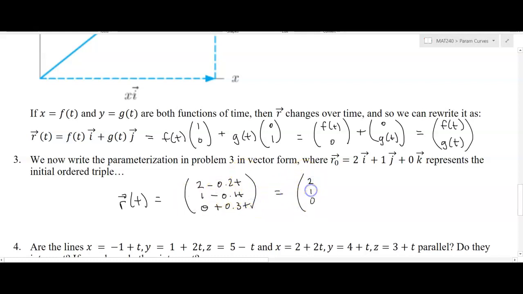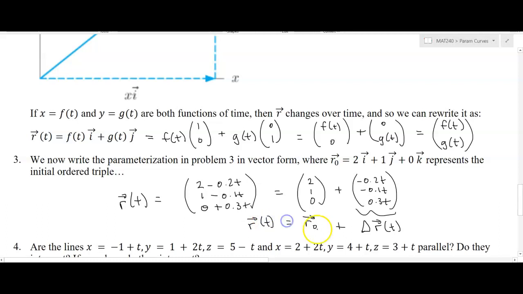The first one is (2, 1, 0) plus the variable vector, which contains negative 0.2t, negative 0.1t, and 0.3t. This is what we refer to as r sub 0, the position at time 0, and this is the change component, the change in the position as a function of time. When you add these together, you can write the equation in a slightly different way, where your r of t, your position at time t, is your initial position plus the change in your position.